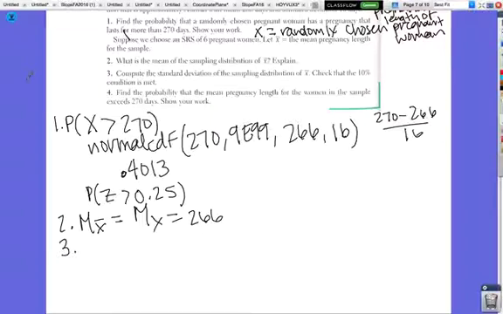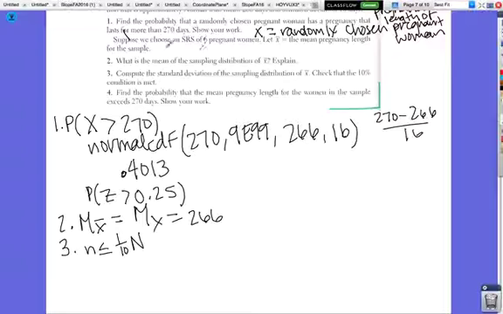3 asks us to compute the standard deviation of the sampling distribution of X bar and check that the 10% condition is met. So it tells us that we are going to choose a simple random sample of 6 pregnant women. Remember that the 10% condition means that our sample has to be less than or equal to 1/10 of the entire population.